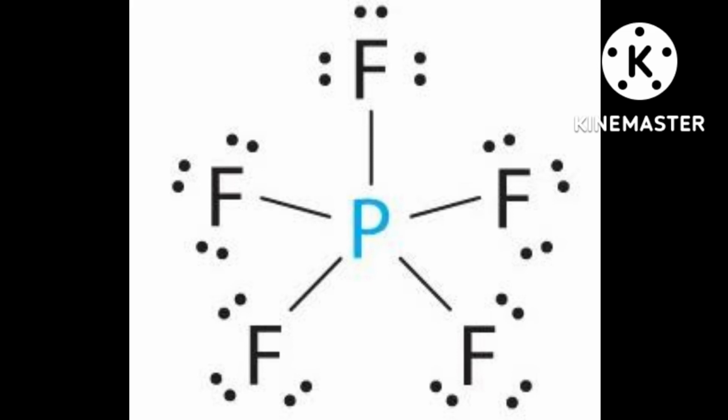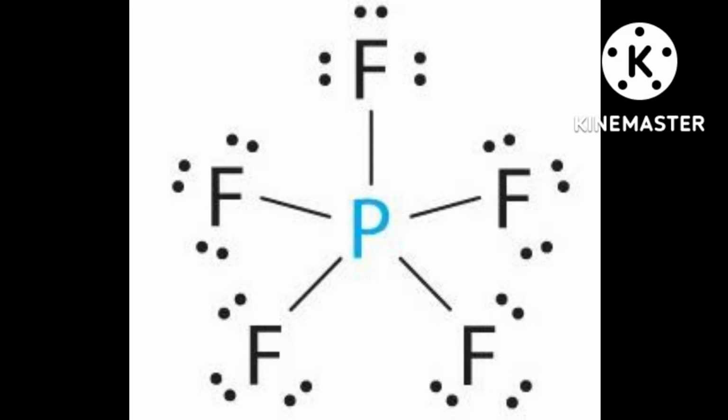Now here we come to the third exception. The third exception is the expanded octet. This is the third. What is that? Now try to understand. Elements in and beyond the third period, meaning third period onward, including the third period.